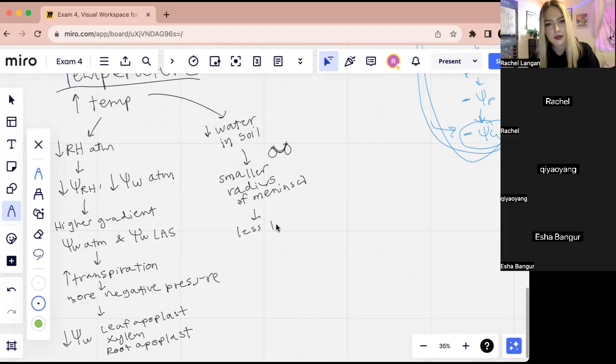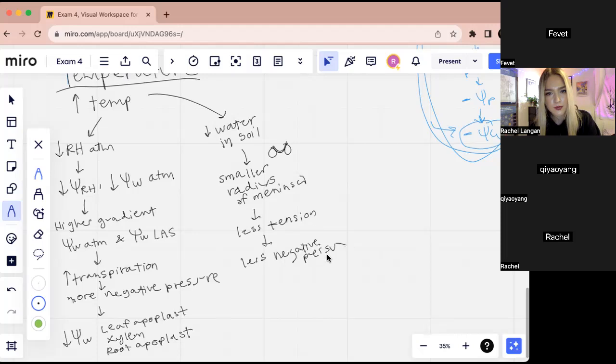Less tension, less negative pressure, which means a higher water potential of the soil, which means a smaller gradient between the soil and the root cells.